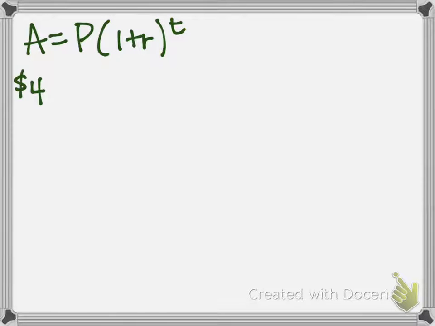So let's actually use this to do something. I've got my little formula, A equals P times 1 plus R to the T. Now let's say I've got a car that is $4,000. I'm getting a nice cheap car. I'm going to get a loan for 5 years.